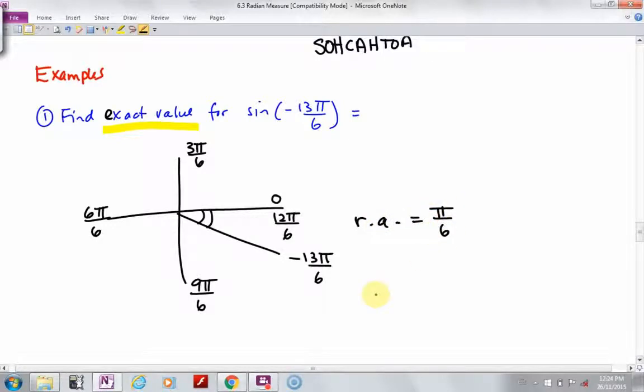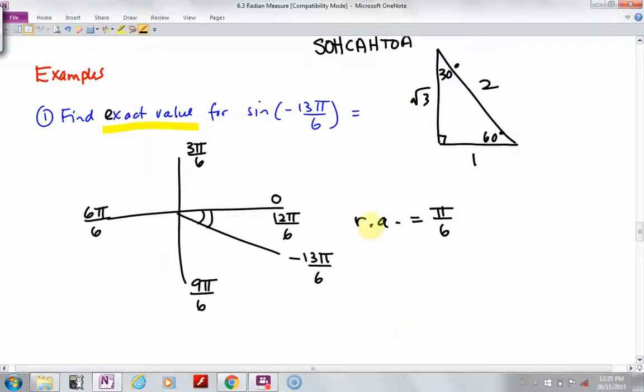Now you aren't necessarily thinking about this in terms of a special angle, but this is one of your special angles from one of your special triangles. You are used to your special triangles in degrees, but you're going to have to start thinking about them in terms of radians. So if we have this one, this is 30 degrees and this is 60 degrees.